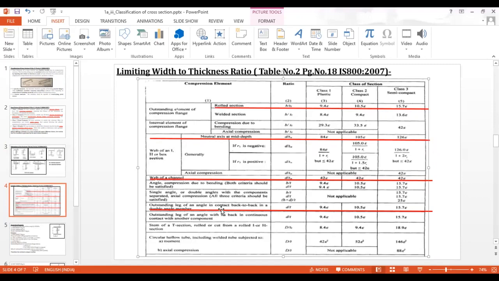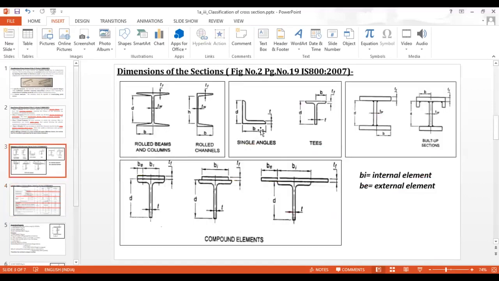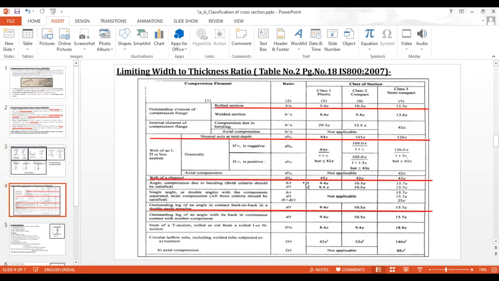Then in the case of the angle section, there is no depth or width. Here we directly take small d to the thickness T of the angle section. If that ratio is less than 42 epsilon, the section is taken as a plastic section.